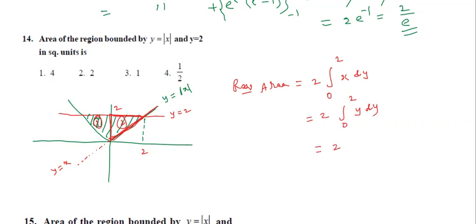What is the integration of y? Y square by 2, limit 0 to 2. So here 2 cancel, substitute upper limit and lower limit, you will get 4 minus 0. The answer is 4. Which option is correct? First option is correct. Students, all of you understood now?